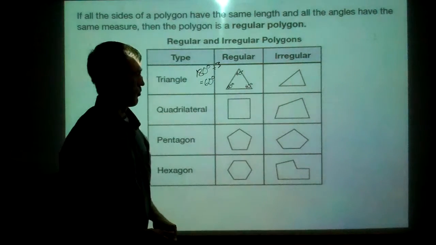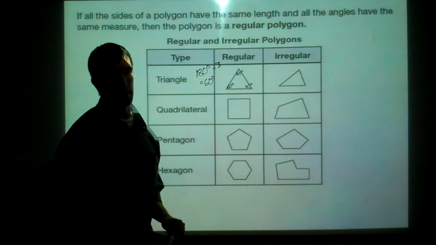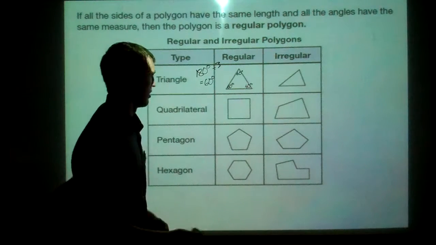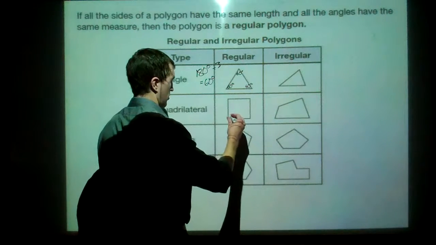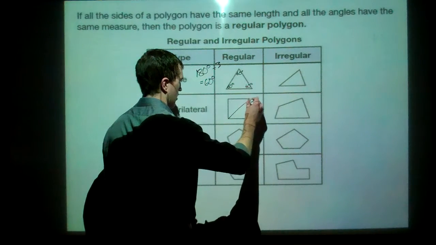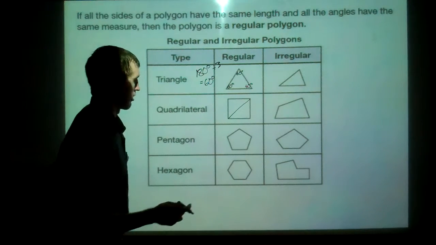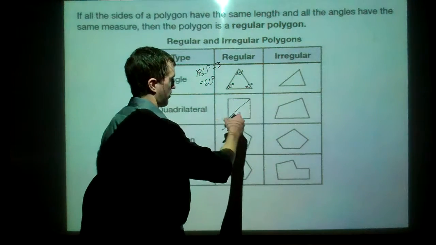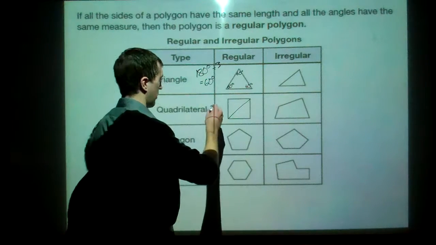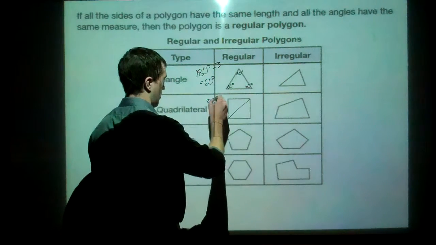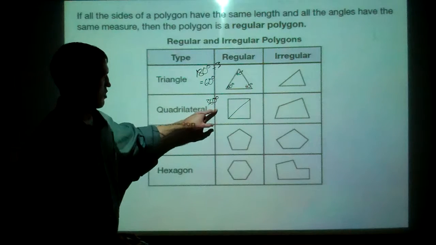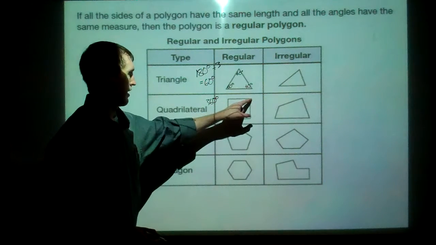Quadrilateral, one way we can figure out how many degrees are inside here, I can split this up into 2 triangles, and I know that each triangle has 180 degrees, so 180 plus 180, total we should be getting 360 degrees. Now if we divide that by 4, we'll get 90, 90, 90, 90.